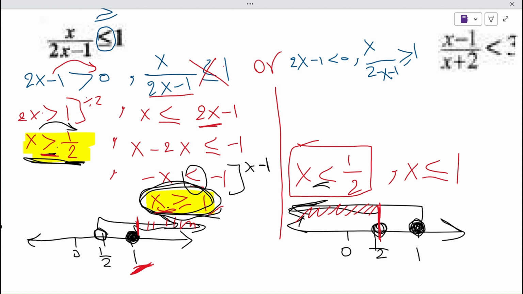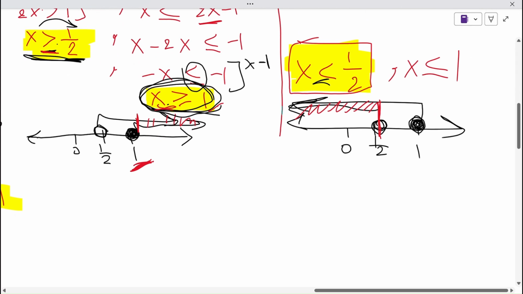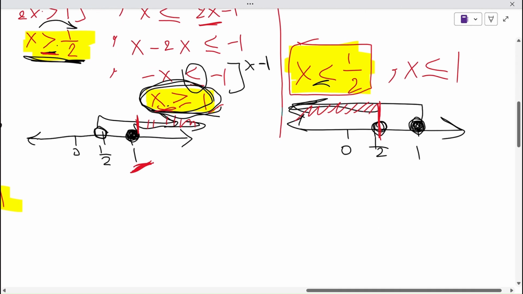Okay guys, this is our solution. And at the last, you can determine these two solutions on one number line here. The first solution is x, again we have 0, 1 over 2, 1.